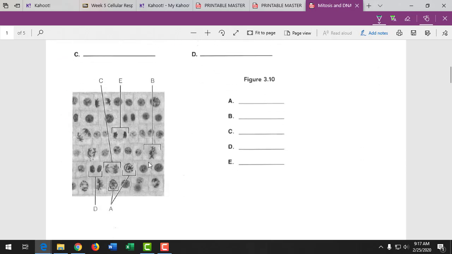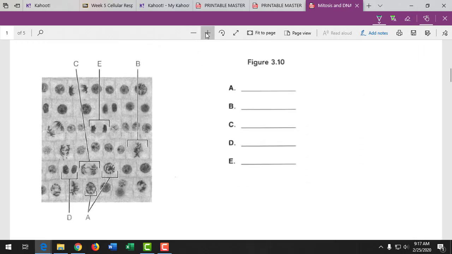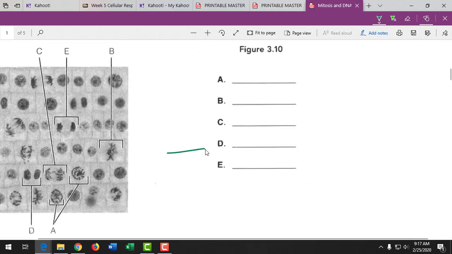If I go down and look at these actual slides of a root tip to find early prophase, I can see here that the nuclear membrane is starting to break down and I'm seeing these dark structures in the center. These would both be examples of prophase. Now I can contrast that to this cell.